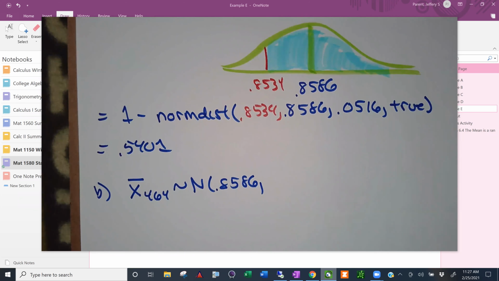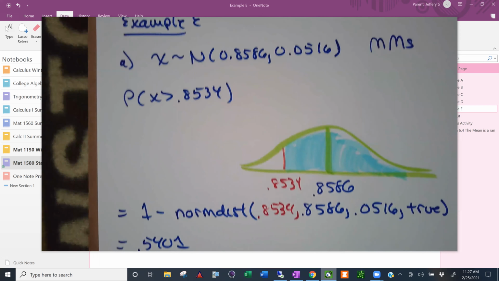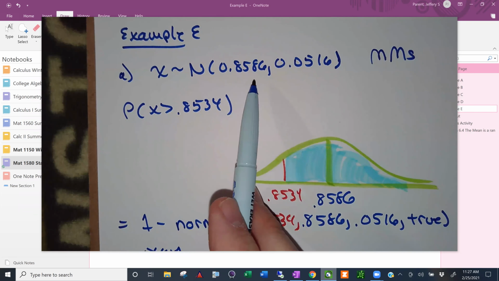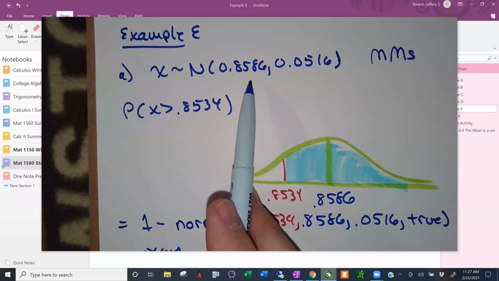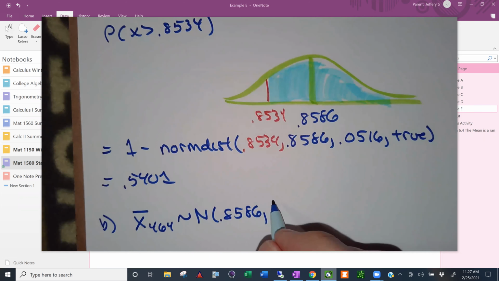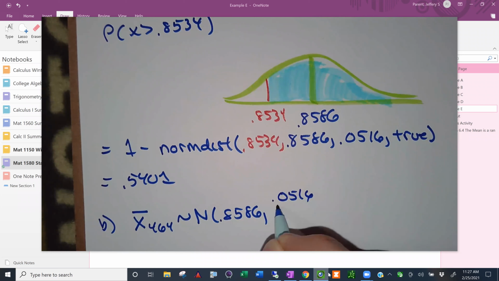Is it 0.8586 divided by the square root of 464? Close. We are going to divide by the square root of 464, but we're not going to divide 0.8586 by it. Oh yeah, 0.0516. There we go. Awesome. Thank you, Alexander. 0.0516 divided by the square root of 464.